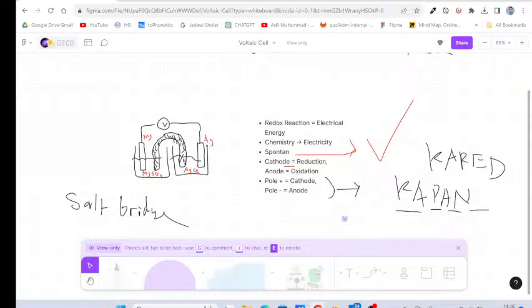I think the Mg is oxidation, while Ag is the reduction. Yeah, you're right.